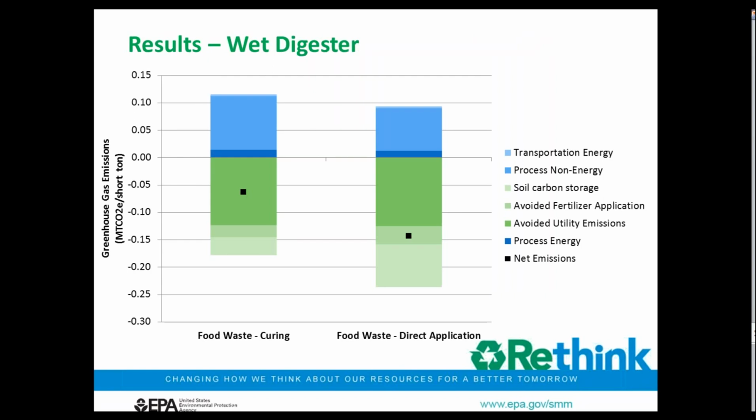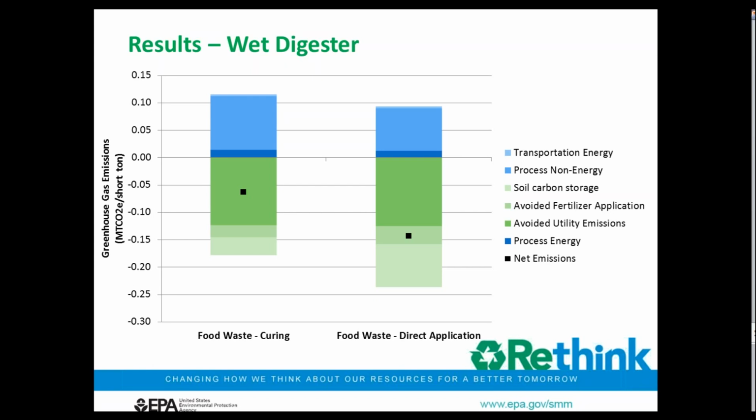So here we have an overview of the results for the wet digester. Again, the wet digester results only apply for food waste, and we've shown side by side the results for curing, where the digestate is cured before application, next to the results if digestate is directly applied to land.